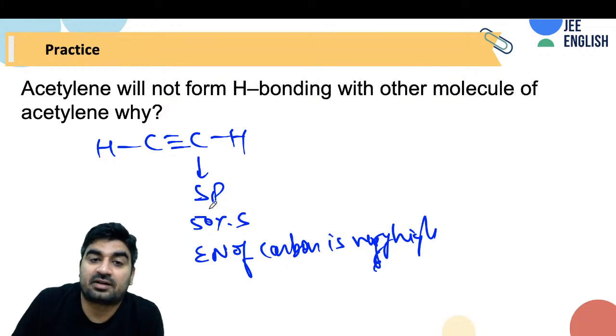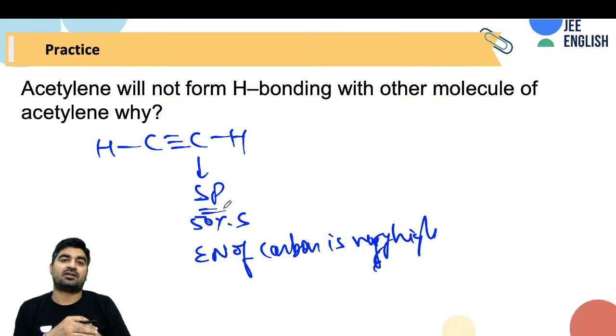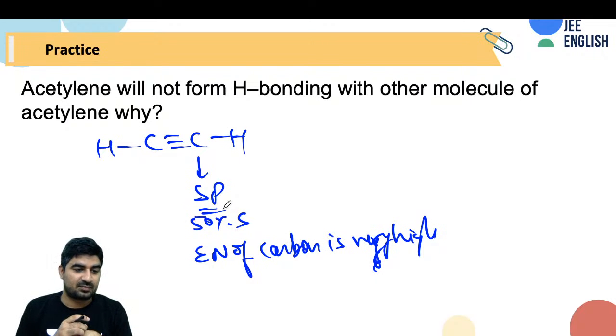Why? Because s character is more. And if s character is more, the electronegativity of carbon is very high. So how will it happen? Can you tell me now? Anyone?